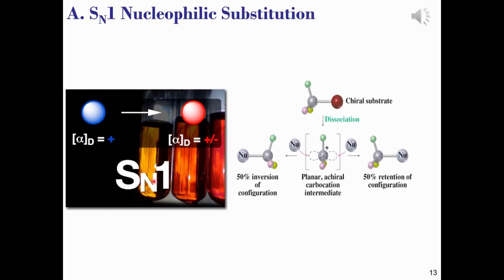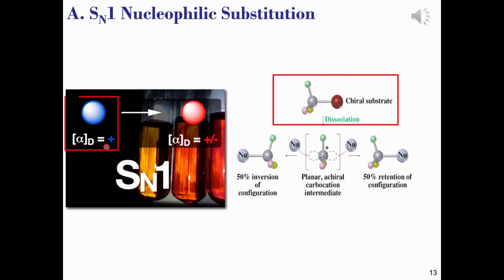One of the things that is possible to do is to measure the optical activity. So we may start with a chiral substrate that rotates plane polarized light to the right.